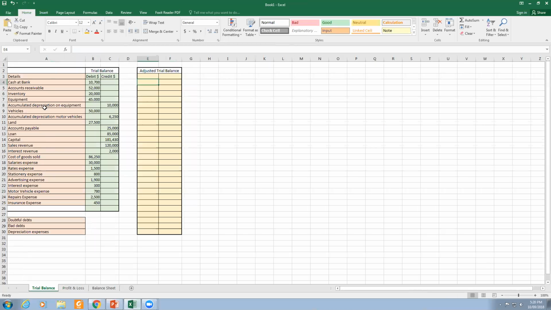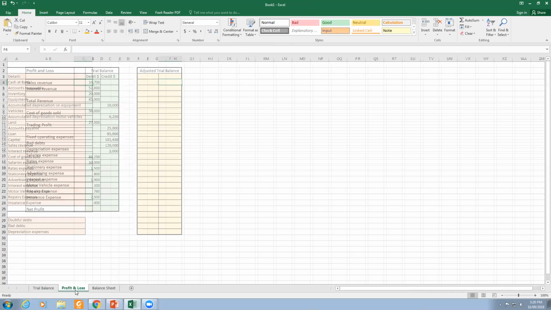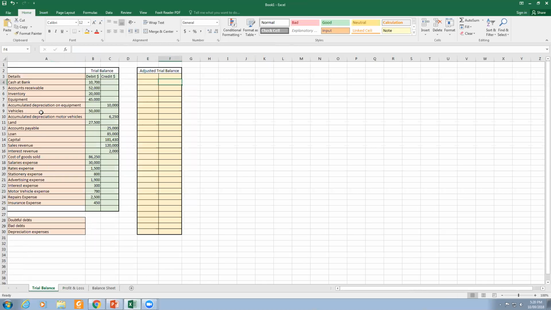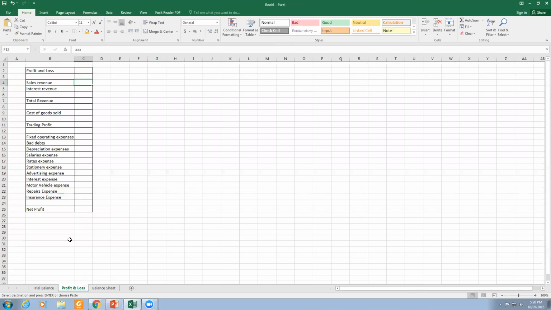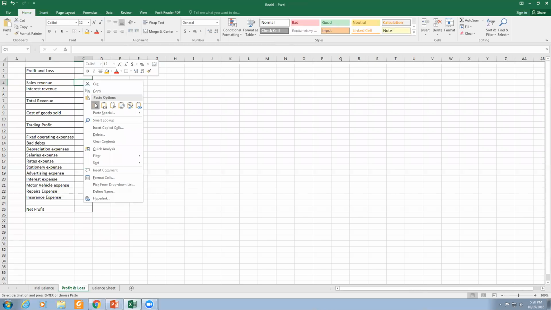See, if you go to this Excel sheet, your adjusted trial balance amounts will go there. Let's say sales revenue. So this amount, you need to copy and you can paste here.